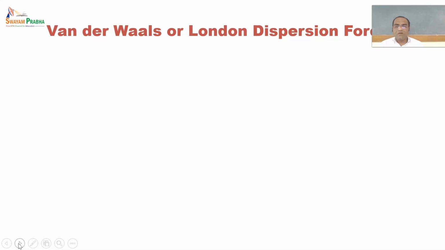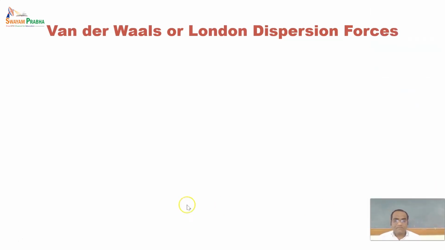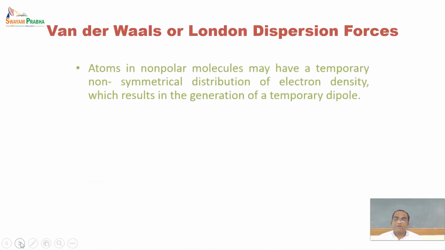After that, van der Waals or London dispersion forces. Atoms in a non-polar molecule may have a temporary or non-symmetrical distribution of electron density, which results in the generation of a temporary dipole.